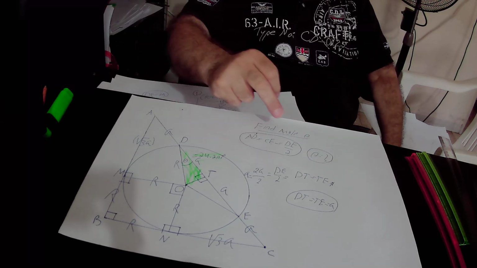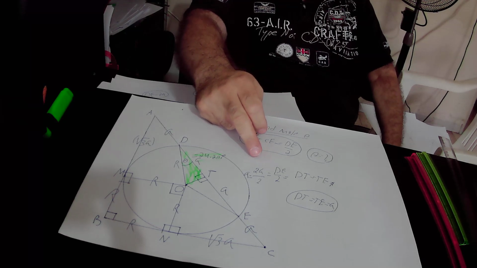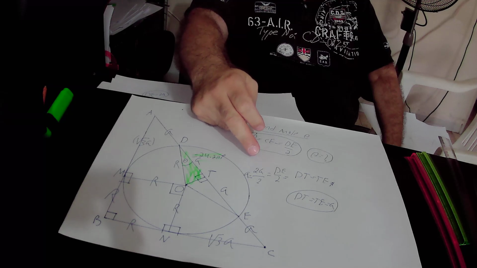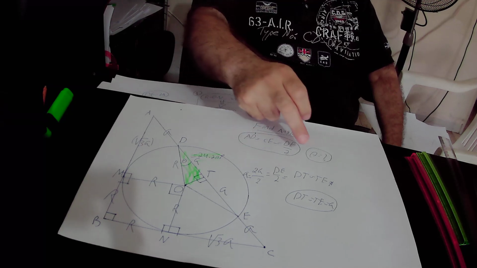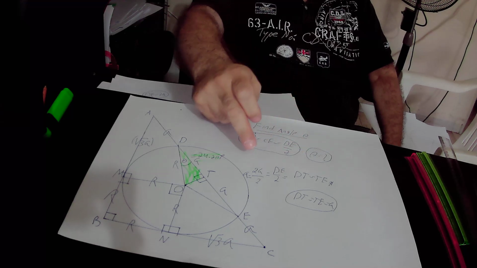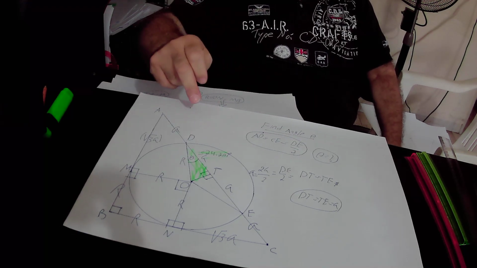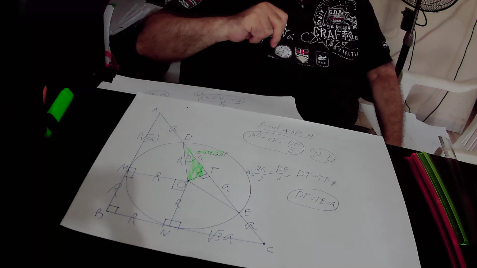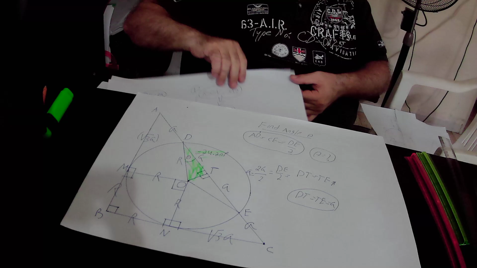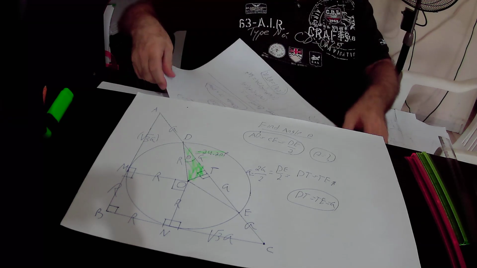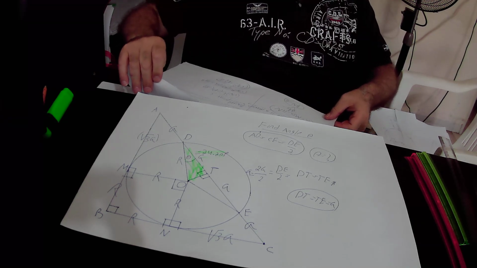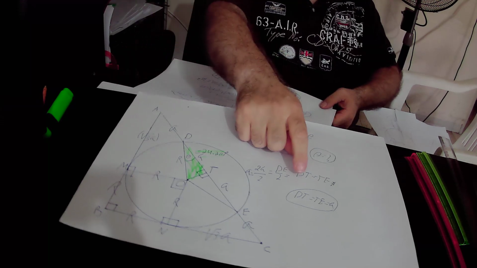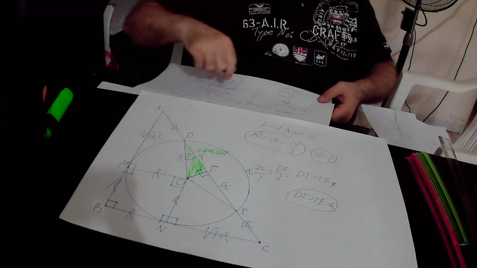DE is 2A according to our definition, so we can substitute DE by 2A. So DE over 2 is 2A over 2, 2 over 2 is 1. So in conclusion, we found that TE equals DT equals A. So here TE equals A and DT also equals A. Okay? So here, as you can see, DT equals TE equals A.